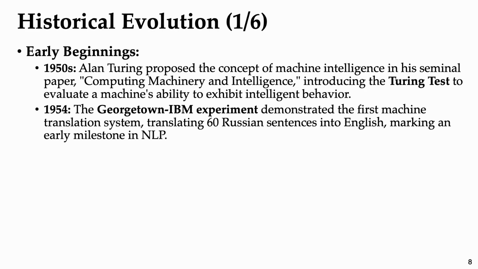Then in 1954, we have the Georgetown-IBM experiment, which demonstrated the first machine translation system and translated 60 Russian sentences into English. By the standards of today, this is a very trivial task, but it was an early milestone that highlighted an early machine learning advance, particularly an NLP advance, natural language processing. So this is the 50s for us as computer scientists.